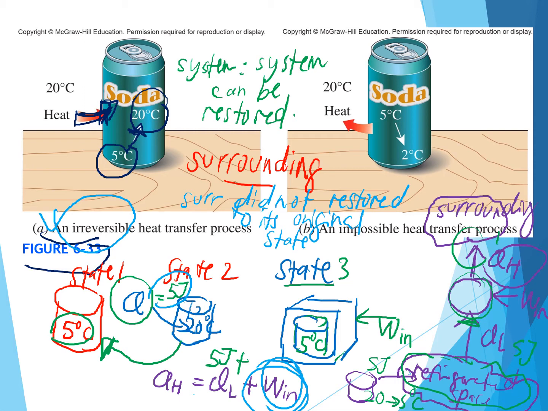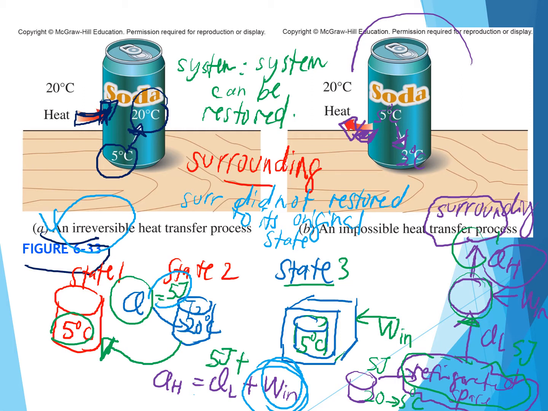state. Alright, now if you look at the second figure, 6.33b, right? You have a soda at 5 degrees C. Now, can you reduce the temperature here from 5 to 2 degrees C by releasing heat to the environment?